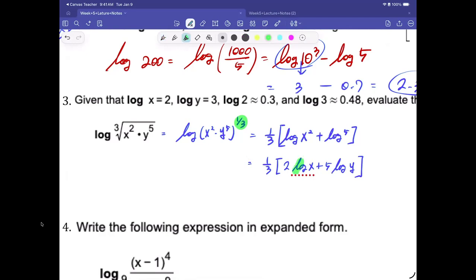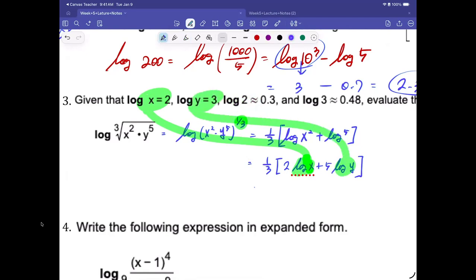So this one is right there. And then this one is, oh, not this one. This one. So we can use 1/3, 2 times 2, like that. So this is 19/3. You're going to have that.